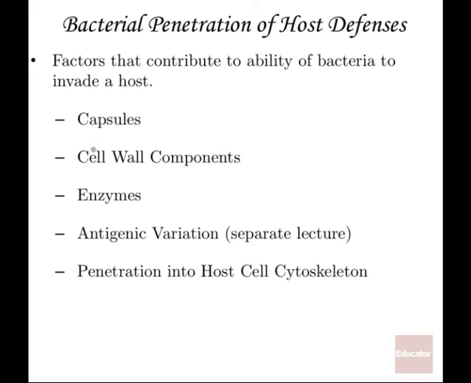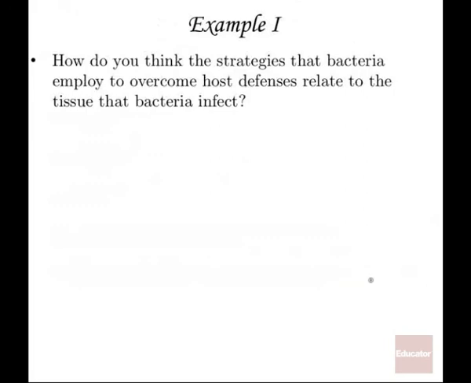Depending on the variation of that cell wall, is there enough antigenic variation to create an immune response? And then we saw various ways in which that bacterium can actually penetrate into the host cell cytoskeleton.